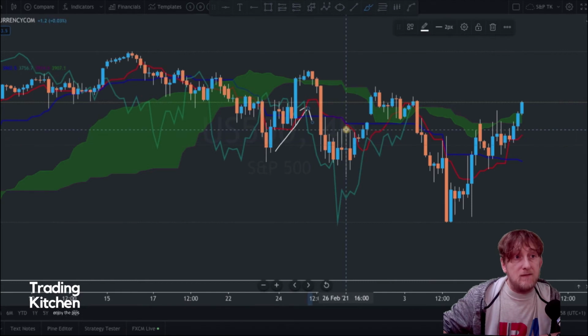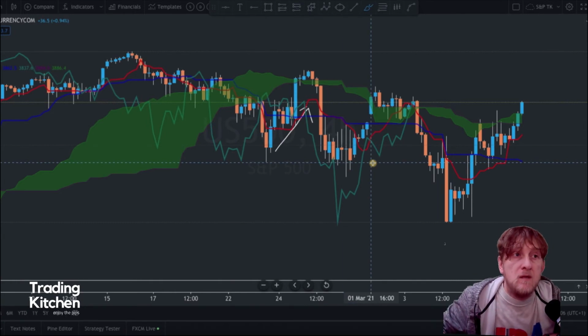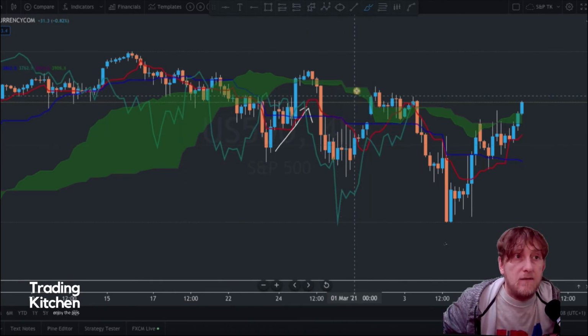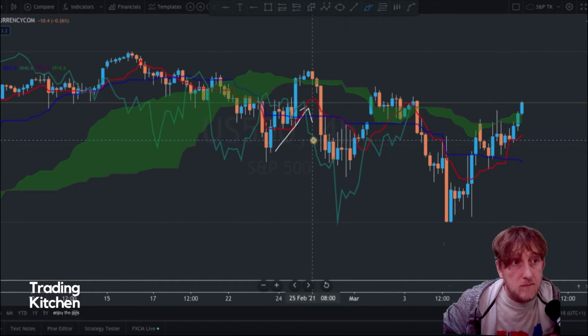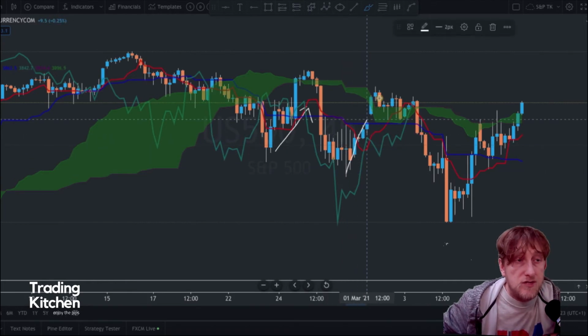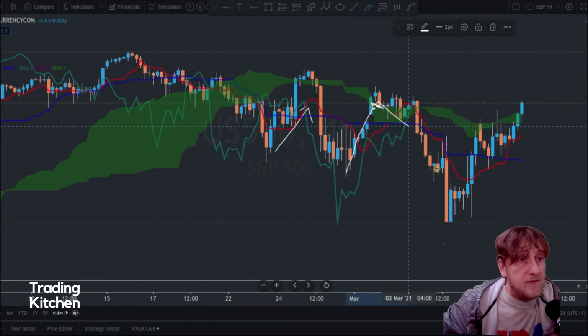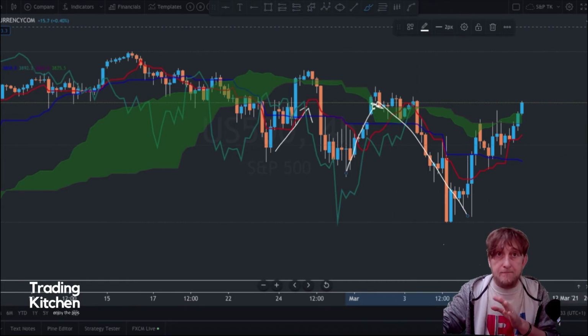So this means that here we have a short trade, because price is below the cloud and the ICHIMOKU line is below the price. As you can see in this case, price just rejected a little bit, went up a little bit, and then finally went down.